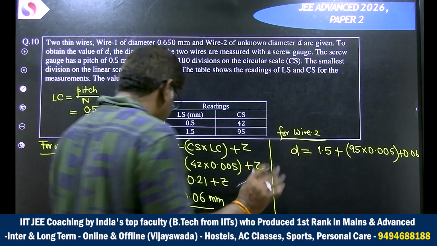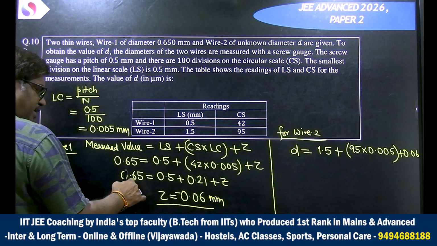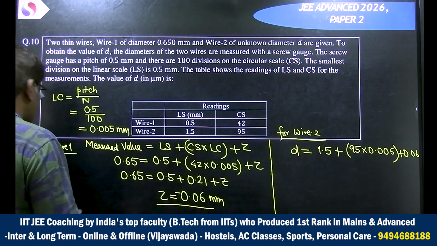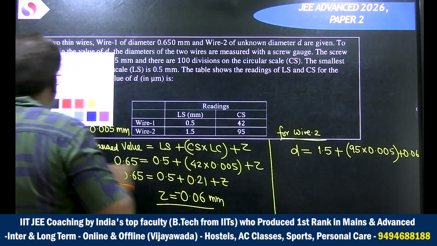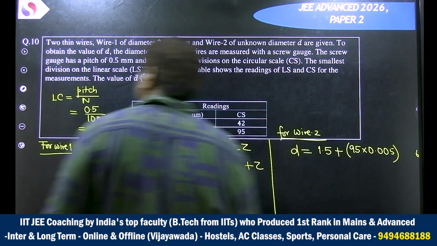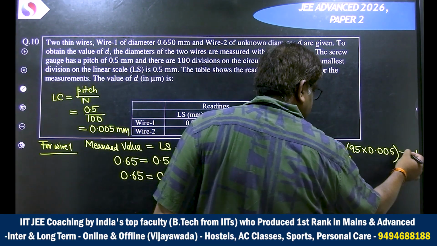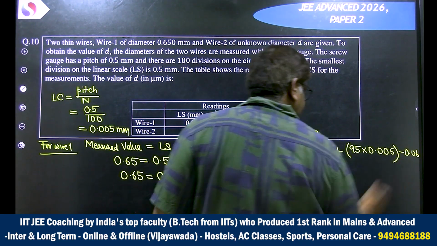And mind it, this is coming negative, because 0.65 minus 0.71 will give you negative. So negative zero error. So here I am putting this value with the negative sign, minus 0.06.